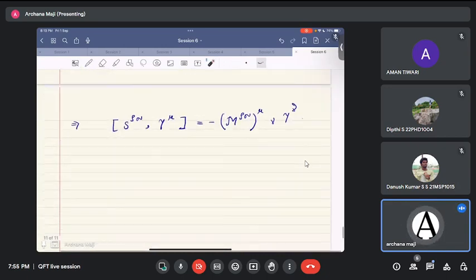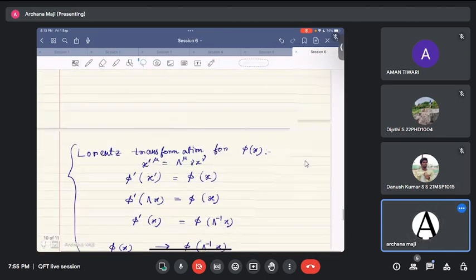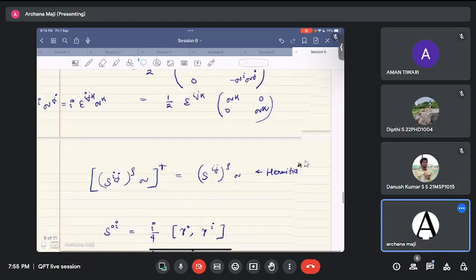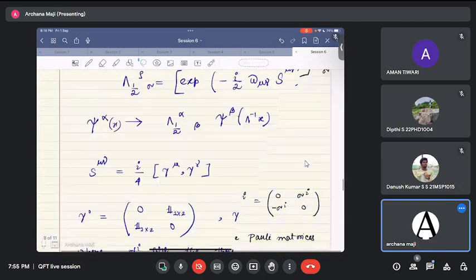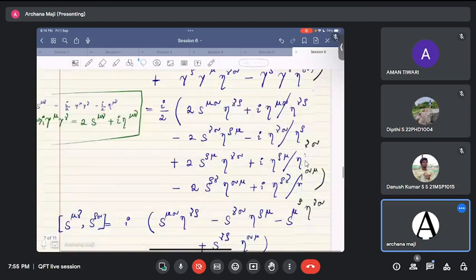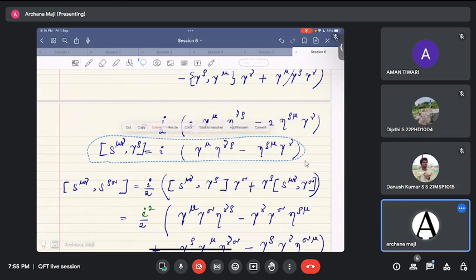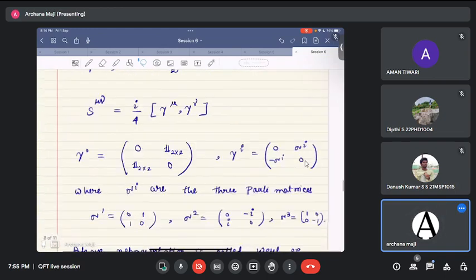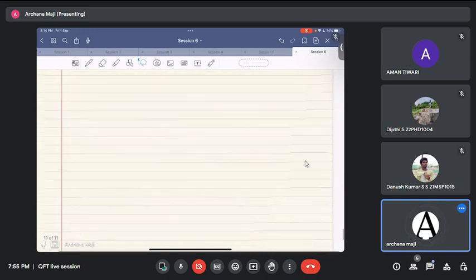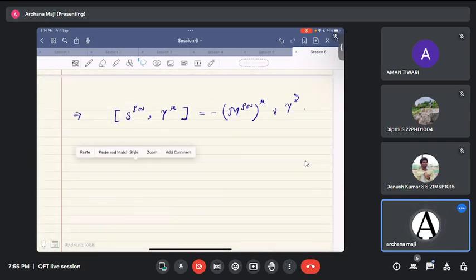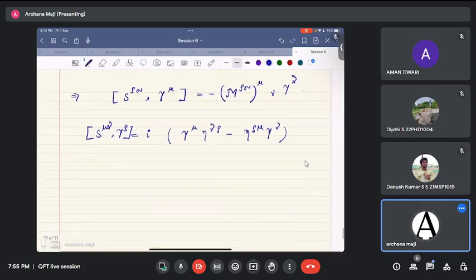So remember, we have already figured out what this commutator is, so let us just copy that. Yeah, so here, this is what we have on the left hand side, and we also know what M is, right?